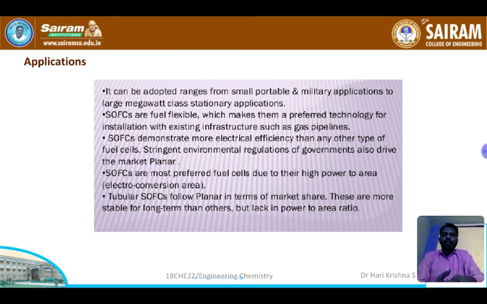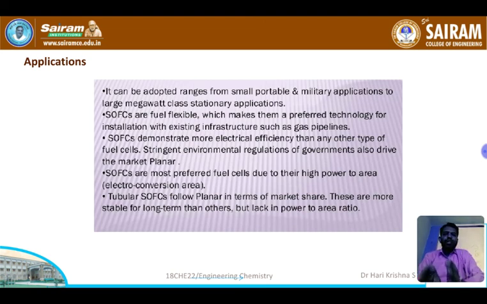SOFCs are one type of fuel cell where government environmental regulations also drive the market. SOFCs are most preferred where high power is required per unit area. Tubular SOFCs follow planar in terms of market share. These are more stable over the longer term than others. So these are the applications of solid oxide fuel cells.